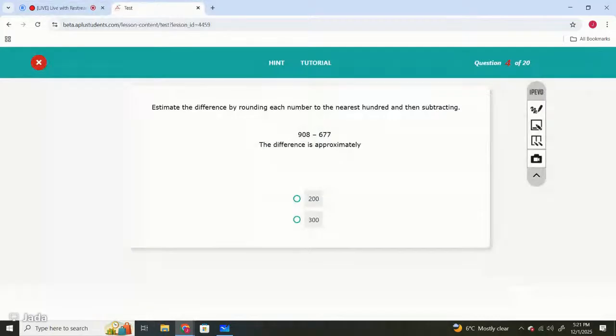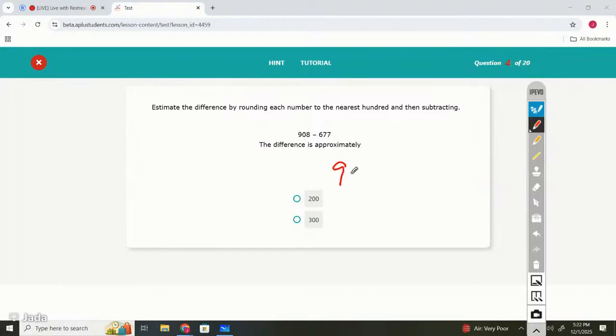908 minus 677. So 908 is nearest to 900, so it would be rounded to 900.